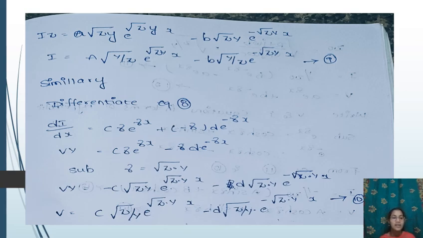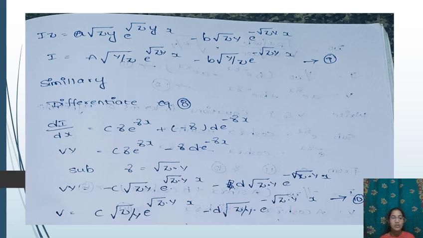Similarly, differentiate equation 8. dI by dx equals C gamma e power gamma x minus D gamma e power minus gamma x. Then from equation 2, Vy equals C gamma e power gamma x minus gamma D into e power minus gamma x.